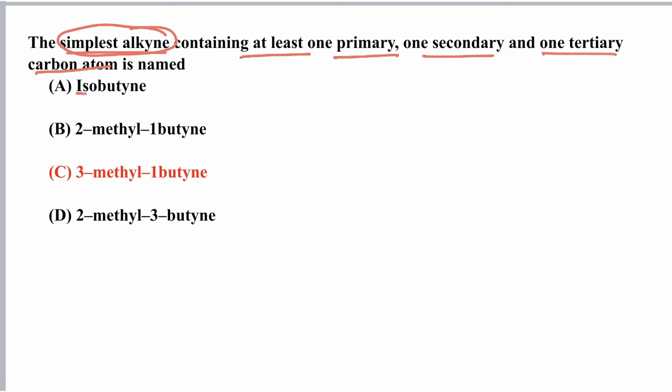So if we take the first example, isobutene. Isobutene is incorrect nomenclature. This structure is not possible because carbon is making 5 bonds, while carbon can only make maximum up to 4 bonds. So this molecule does not exist.